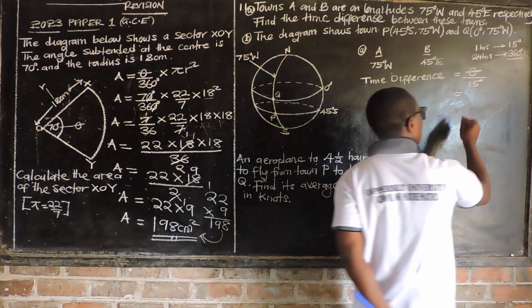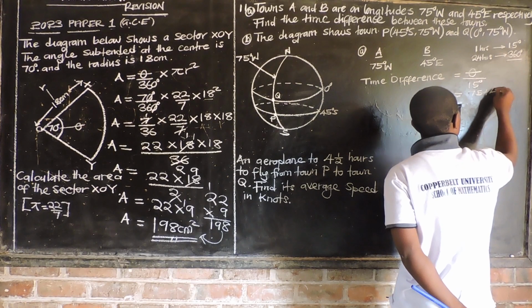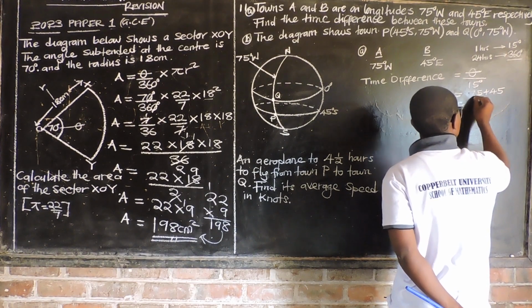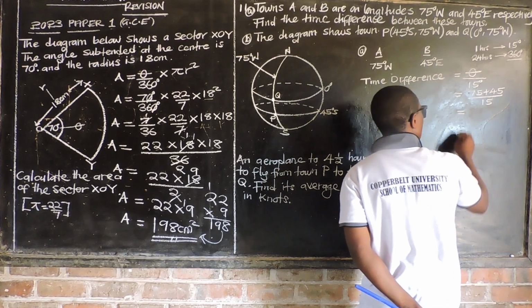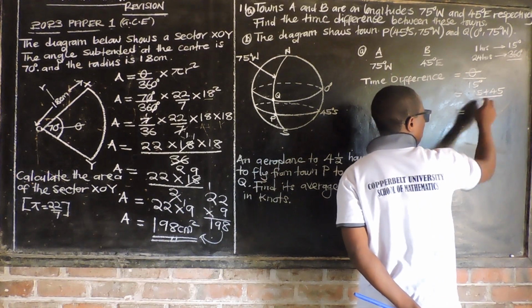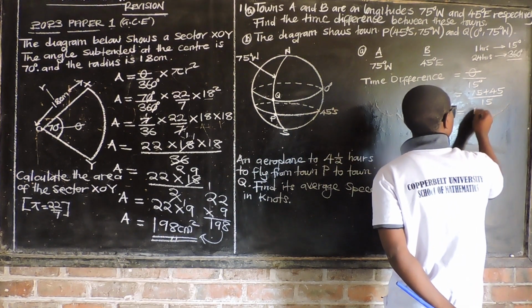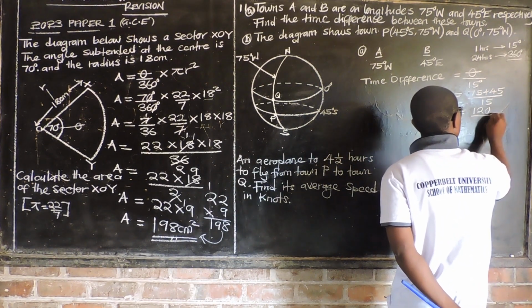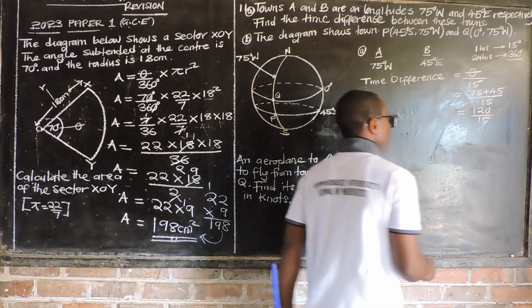So we say 75 plus 45, divided by 15. 75 plus 45 gives 120, divided by 15.